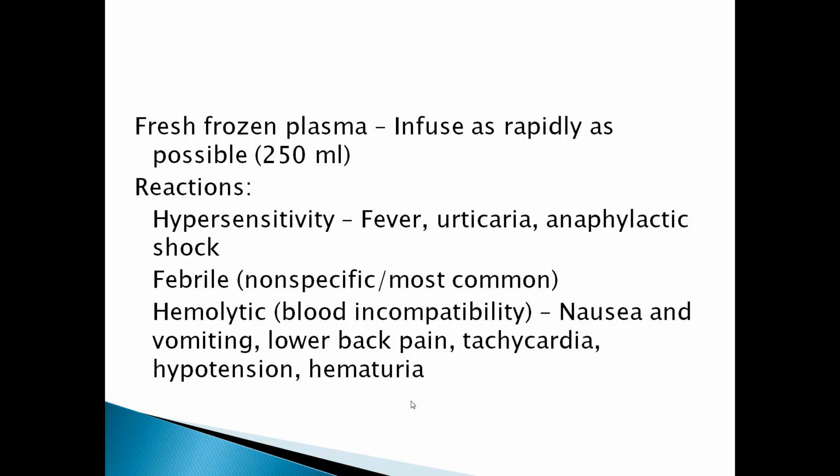If they're going to have a really bad reaction, then maybe the patient will get some steroids. So different kinds. Hemolytic is usually when the blood's incompatible, so lower back pain where the kidneys are, tachycardia, nausea and vomiting. That one happens pretty quickly. As soon as that blood hits the kidneys is when you're going to usually have that reaction. So usually all those kinds of things.